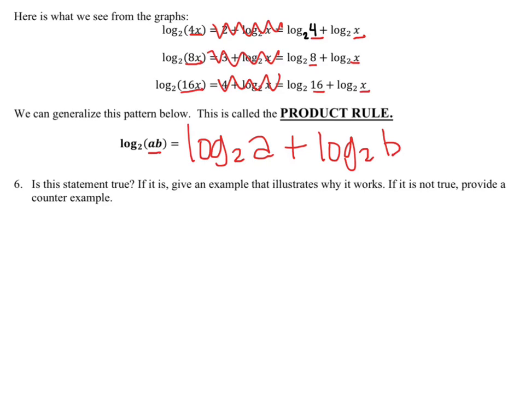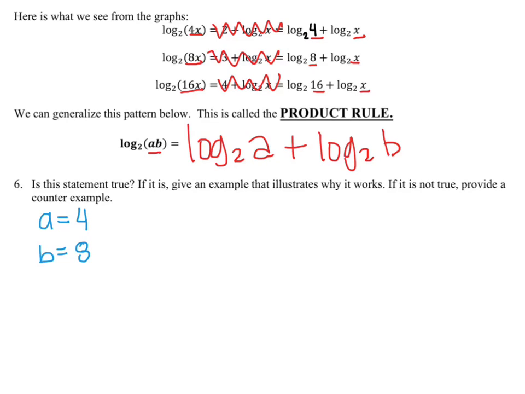So log base 2 of a times b is the same as log base 2 of a plus log base 2 of b. So let's look at an example of where this works. I'm going to choose two numbers, maybe a equals 4, b is equal to 8.